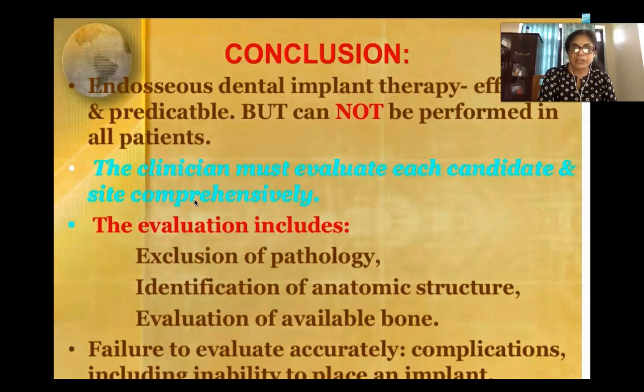The evaluation includes exclusion of pathology, identification of anatomic structures, and evaluation of the alveolar bone. Failure to evaluate accurately means complications, including inability to place an implant, are always there. So, we know that implant radiology is very important for implant placement.